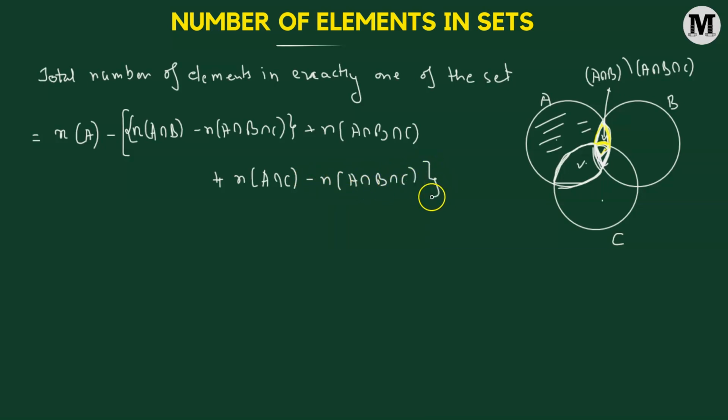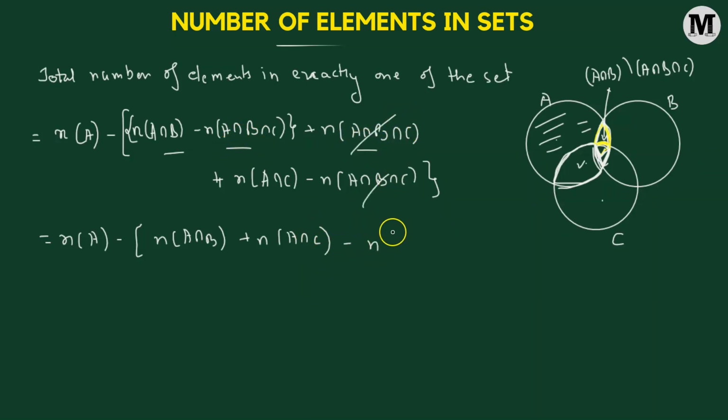Fine. Now, when we combine all of these 3, we are going to get the total number of elements in A minus the total number of elements in A intersection B added with the total number of elements in A intersection C. One of the total number of elements in A intersection B intersection C cancels out, leaving us with only a single A intersection B intersection C. Fine.